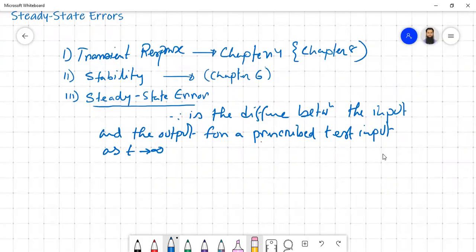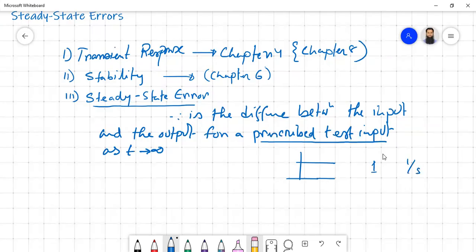The prescribed test inputs we already discussed in chapter 1. Here we are going to focus on only three of them. Sometimes impulse as well, but in general, three of them. The step: time domain is 1 and Laplace domain is 1 by s.